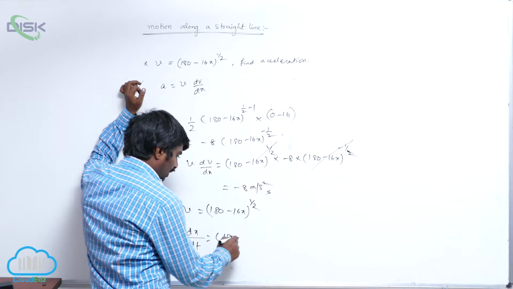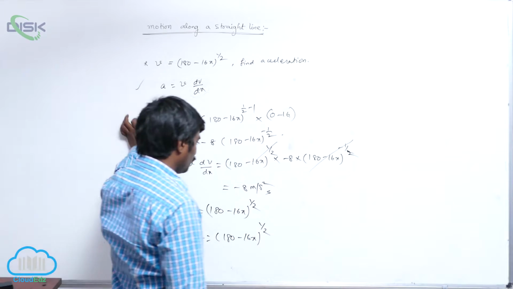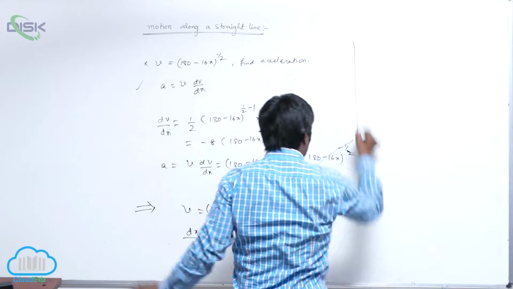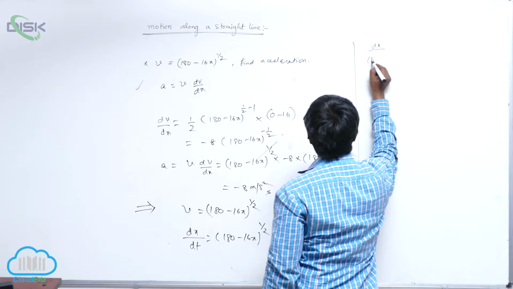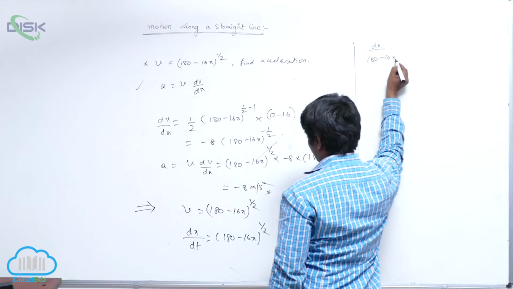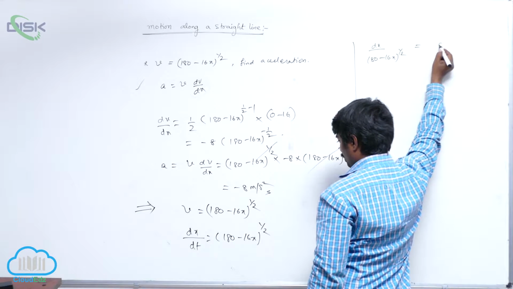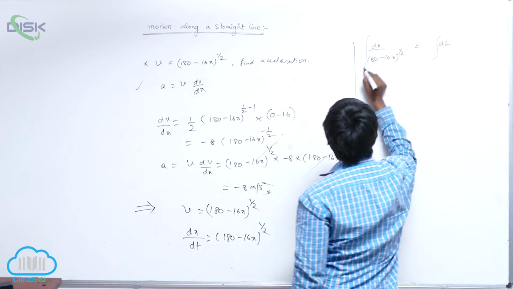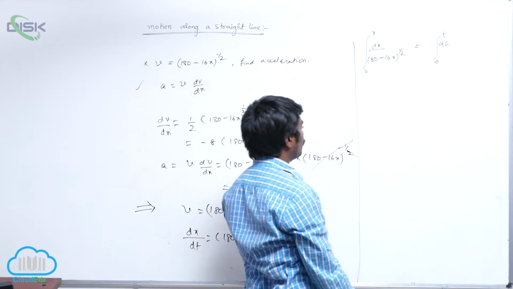So (180 minus 16x) whole power 1 by 2. So what you can write? dx by (180 minus 16x) whole power 1 by 2 is equal to dt, from 0 to x, 0 to t.